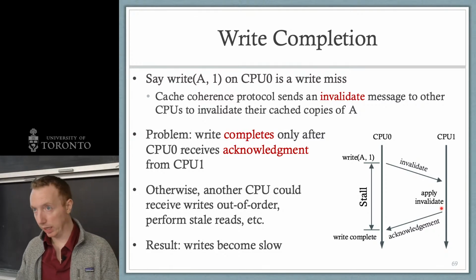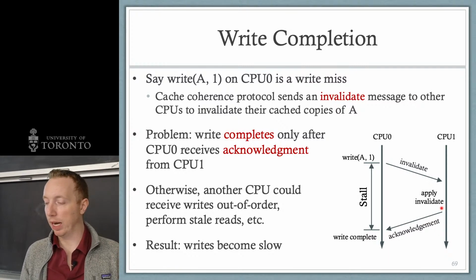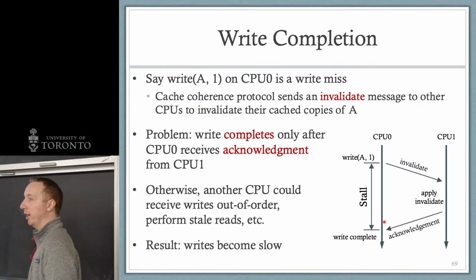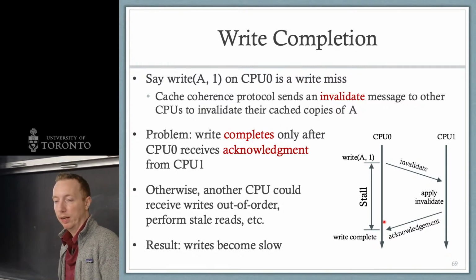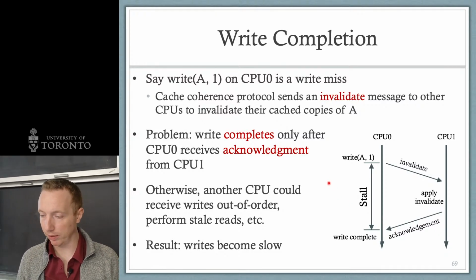It would have to check if it's in the cache, make sure we invalidate it, and then tell that CPU core, okay, I'm done, it is now properly invalidated. Now you can actually do the write and update that value because now it is consistent.